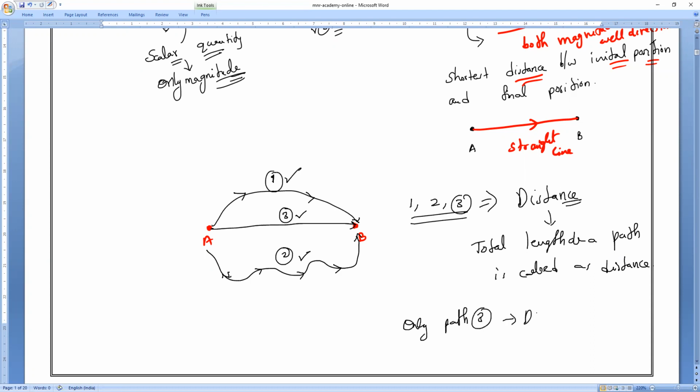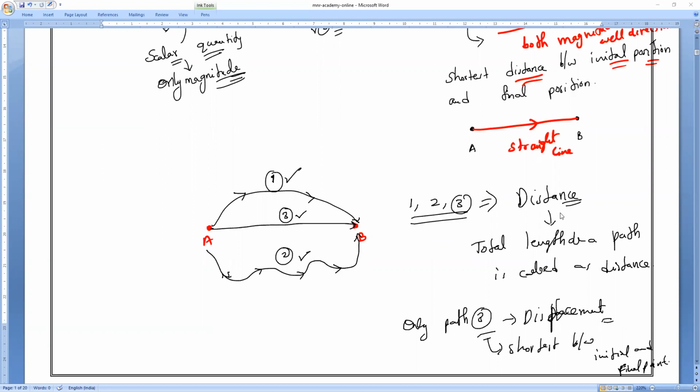Why only path 3 is displacement? Shortest path. Path 3 alone is the shortest path between the initial point and final point. So only the third path is displacement, but 1, 2, 3 all are called distance.